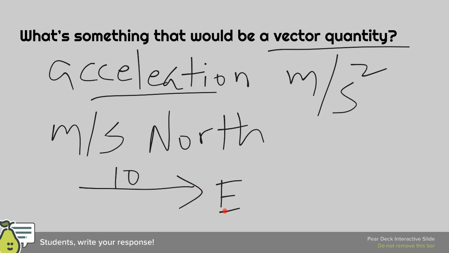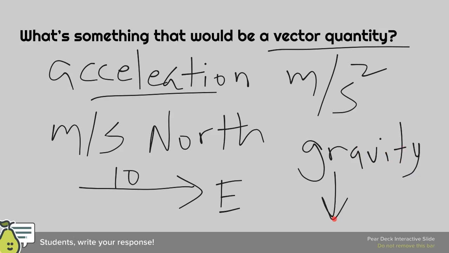Those are combinations of vectors. Also gravity. When we think about gravity, falling to the earth, we're going down, or we can be going up. Because gravity is always pulling down on us, that's a vector as well.